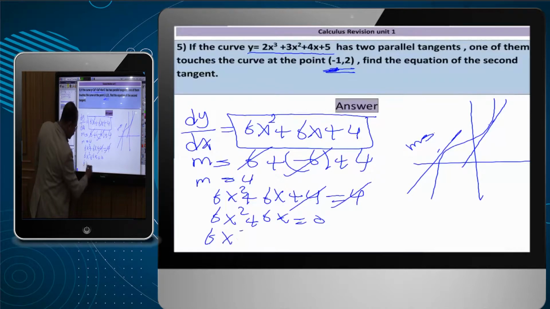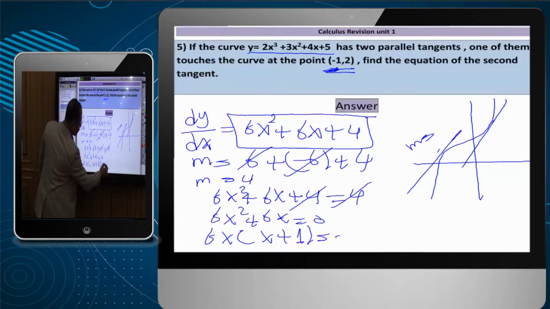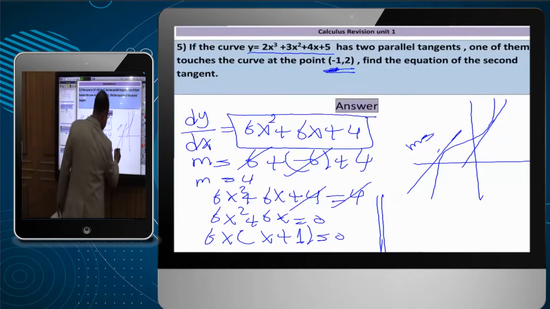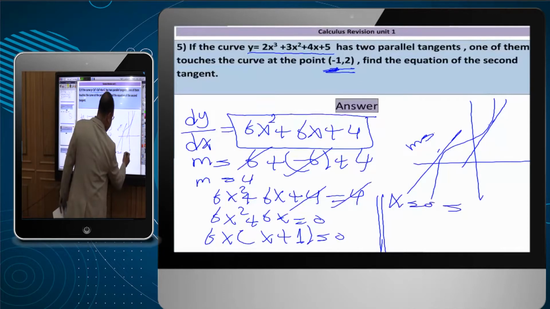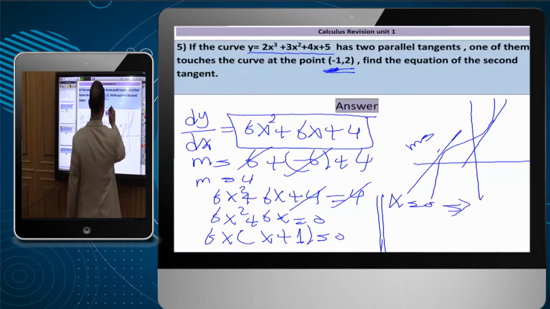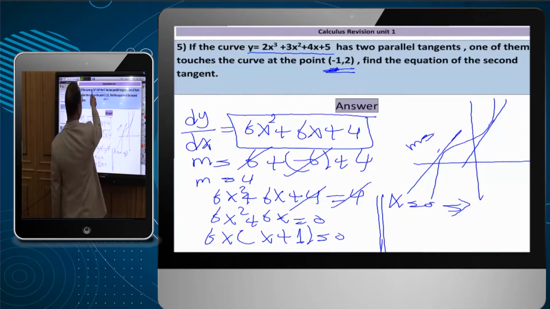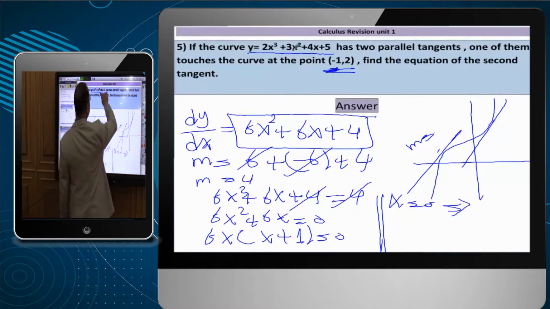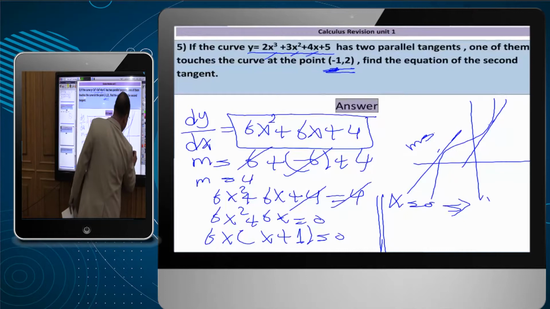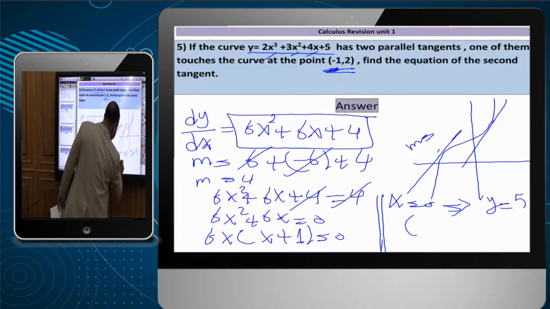Take 6x as a common factor, remaining x plus 1 equals 0. Now, either 6x equals 0, then x equals 0. This implies y, where is y? The relation is y equals 2x cubed plus 3x squared plus 4x plus 5. Put x equals 0. Now we remove the first 3 terms, then y will equal 5. Then the new point is 0 and 5.